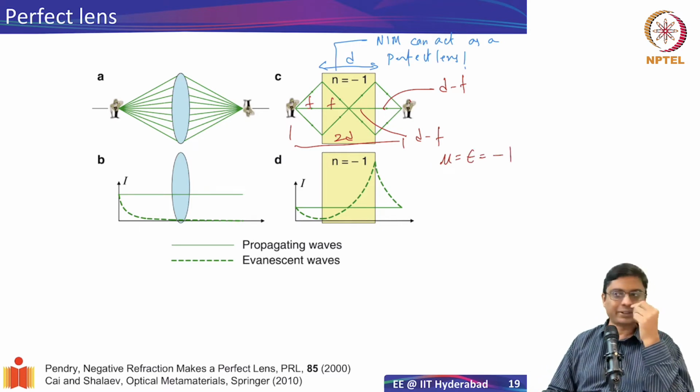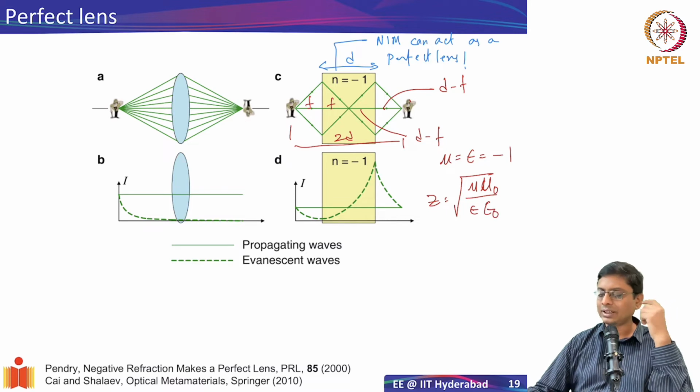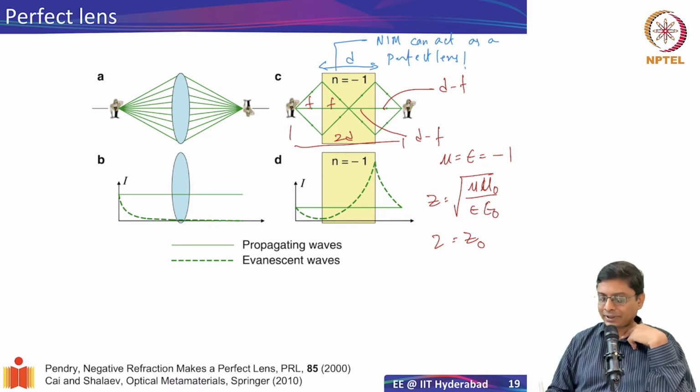When I have such a scenario, Pendry showed that the impedance of this medium is going to be simply, I think it should be mu on the top, so mu times mu naught divided by epsilon times epsilon naught. When both mu and epsilon are negative, we can see that the impedance is basically going to be the free space impedance.